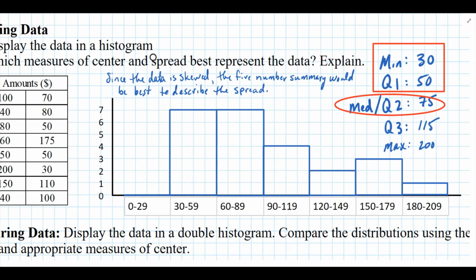Another fourth were between $50 and $75. Another fourth was between $75 and $115, and a fourth between $115 and $200.